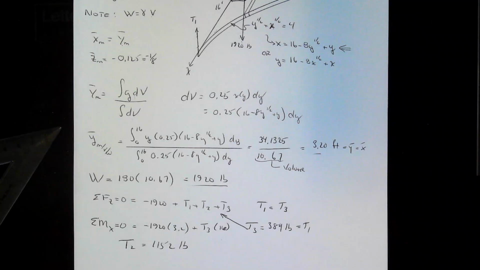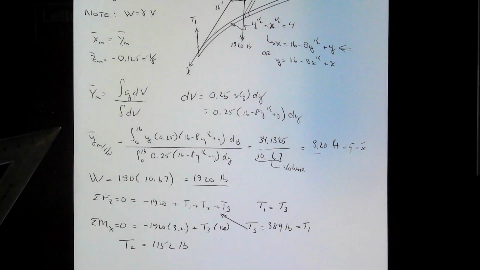Now we can tackle the problem of what are the tensions. We need a little bit more room to work with. So if we went over some distance, 3.2, and down an eighth of an inch, let's suppose that's right here.